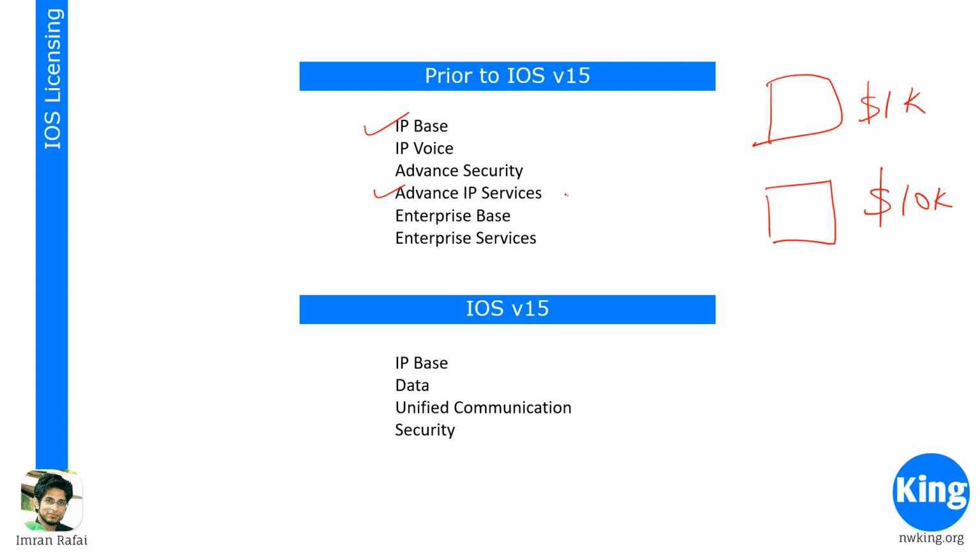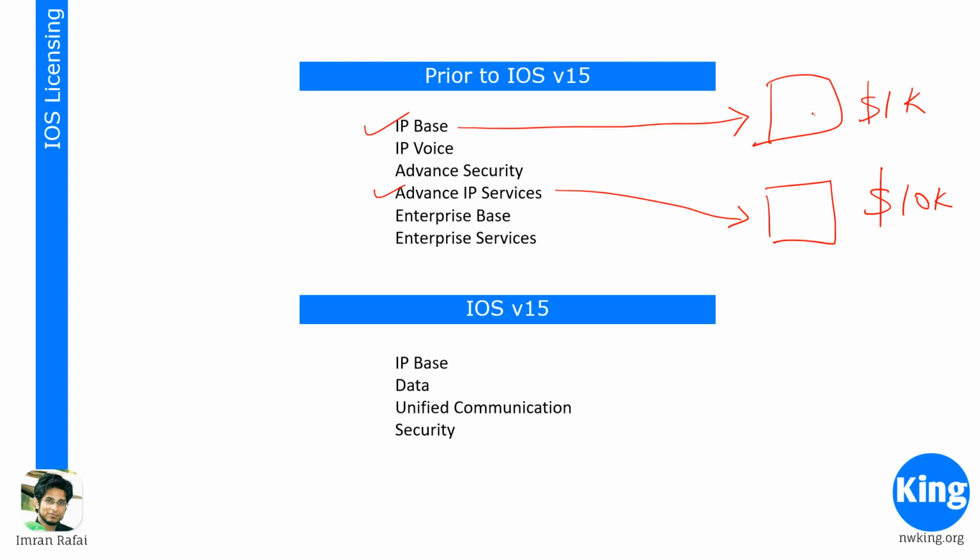Now he took the IP Advanced Services and you bought it with the IP Base. Hardware is the same, the only thing that was different was the operating system. Now what prevents you from asking your friend to give a backup of the operating system and you put it onto your device? You literally saved $9,000.